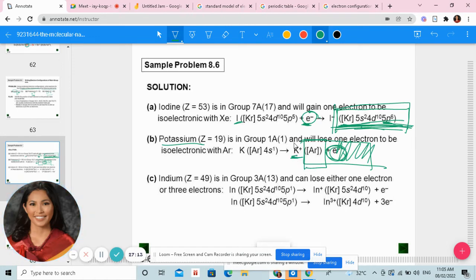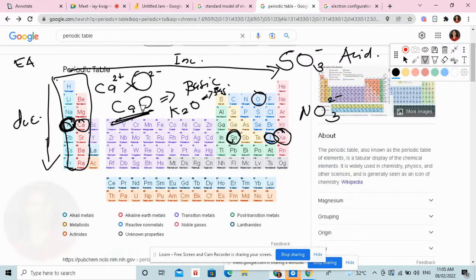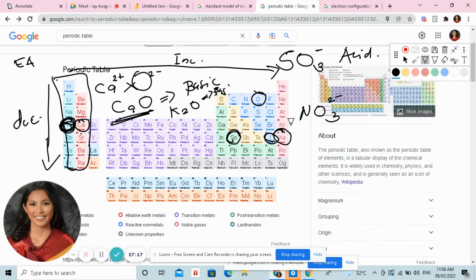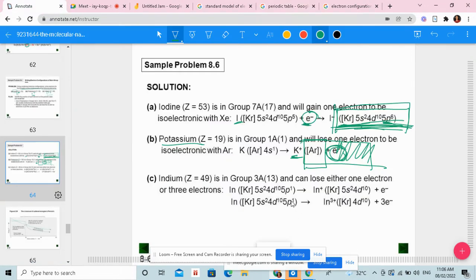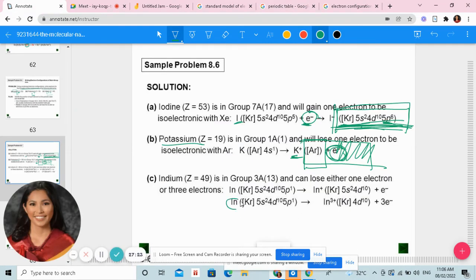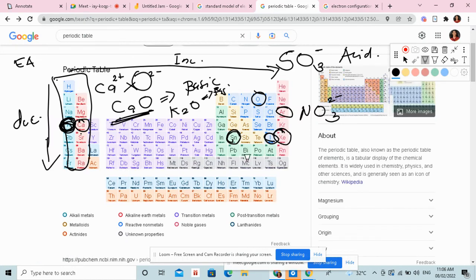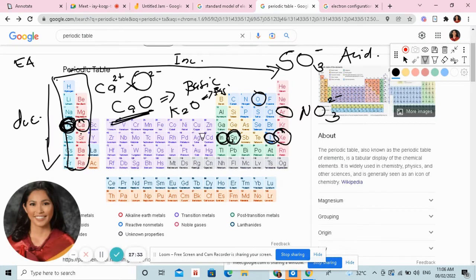Potassium loses one electron to become isoelectronic with argon. And then we also have indium. Indium is a metal, so it loses three electrons. Indium is here, 1, 2, and 3. So it loses 3 electrons to become isoelectronic with what?